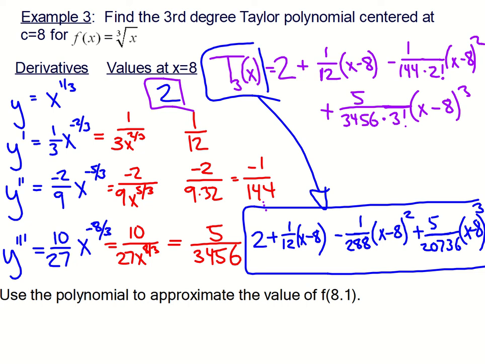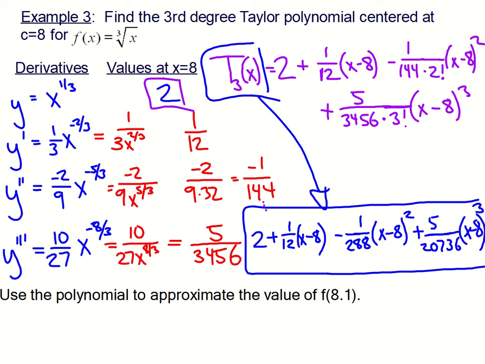With simple tools, we can evaluate this polynomial. So if I want to use that polynomial to approximate the value of the cube root of 8.1, which is pretty close to the center, right? So we need to see, sometimes some Taylor series will only converge at the center, whereas others will converge farther away.